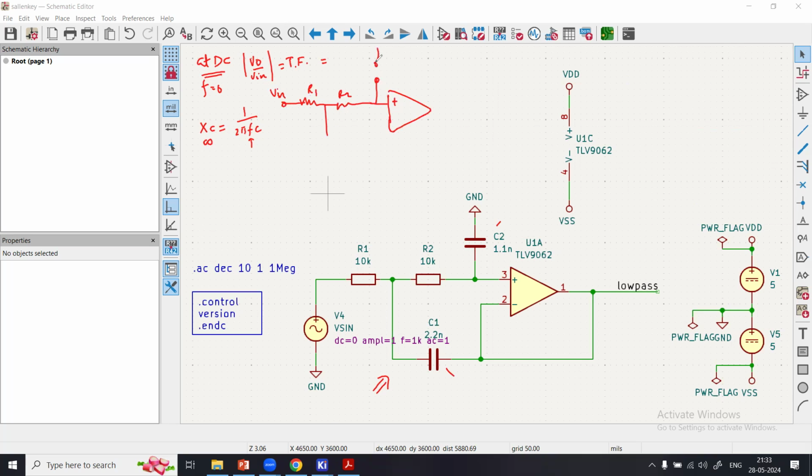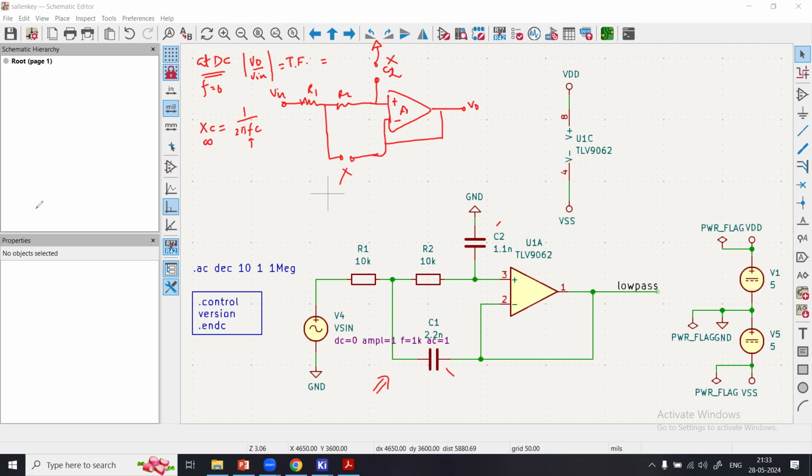This capacitor, C2, is open, and this capacitor is also open. The rest of the arrangement is the same. So I have open circuit, no signal path, and there is an amplifier.